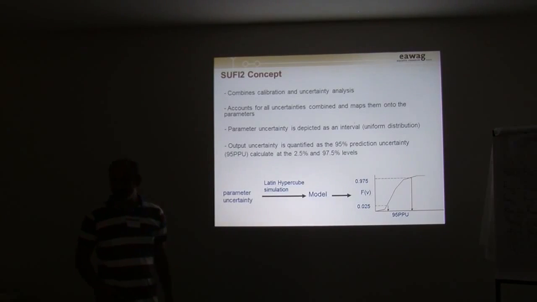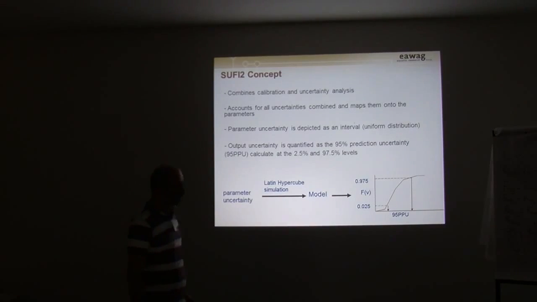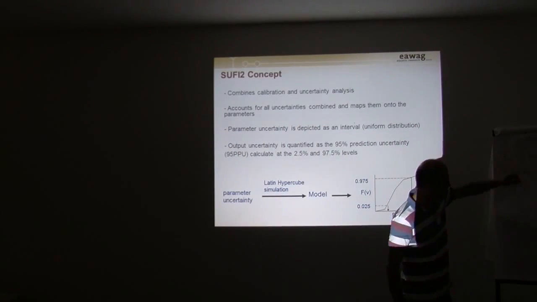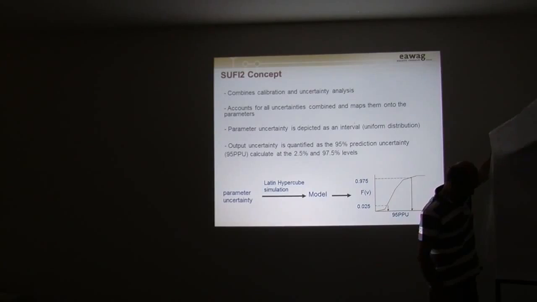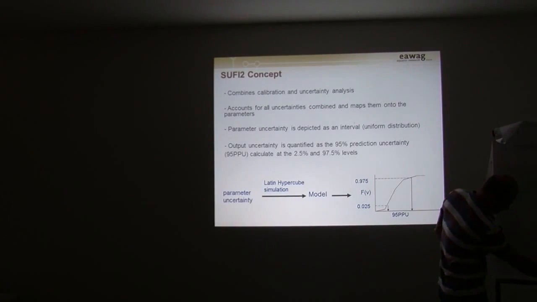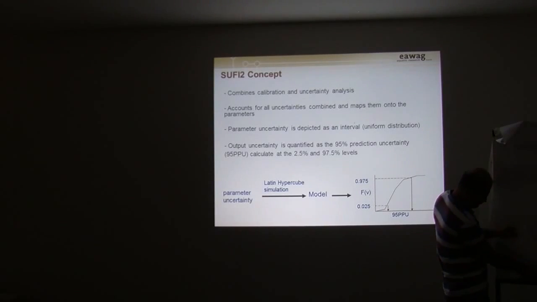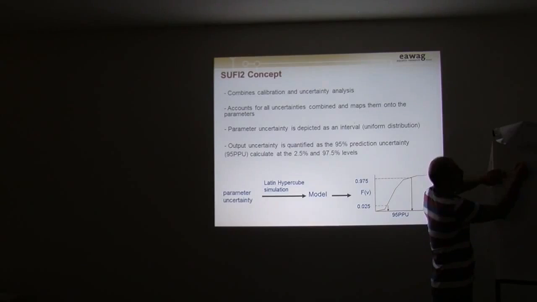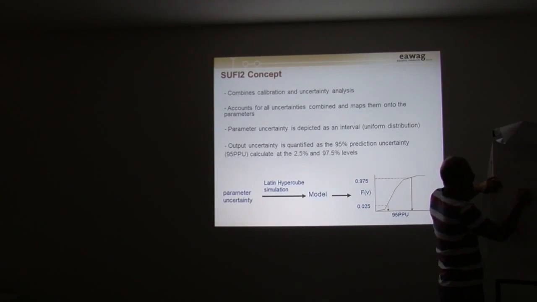Is that clear? I'll show you the Latin hypercube, if I can draw it here. So you have parameter ranges. You have a parameter, its range, then the second parameter, then the third parameter.